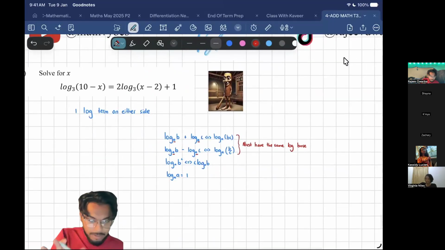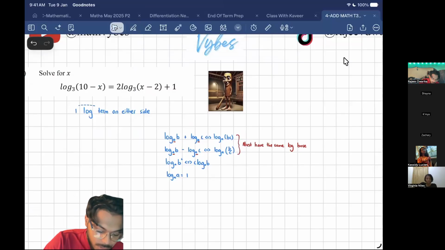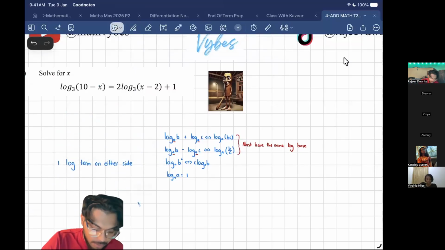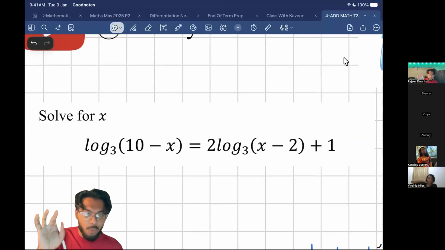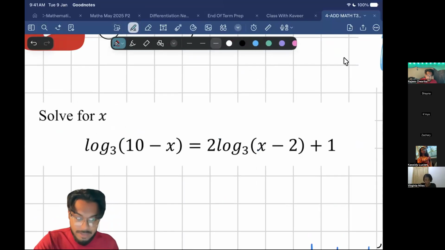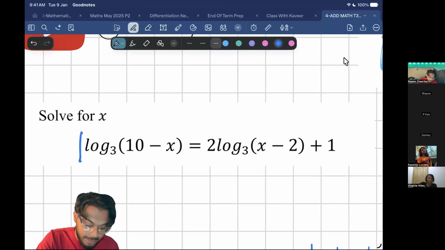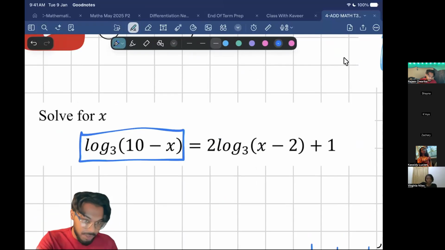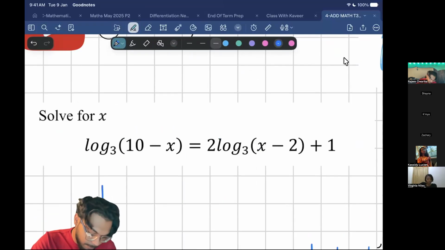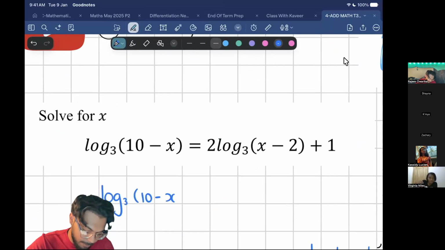Alright, so we need to get one log term on either side so we can drop the logs. When you look at this question, on the left hand side, you just have one log term: log base 3 of (10 minus x). I don't have to do anything on the left hand side, since there's already one log term.